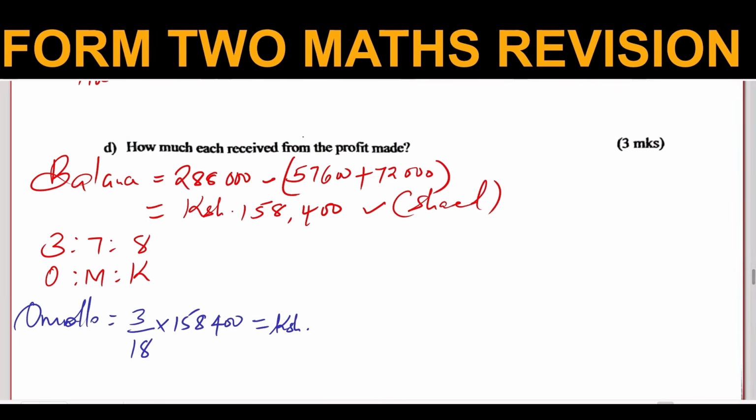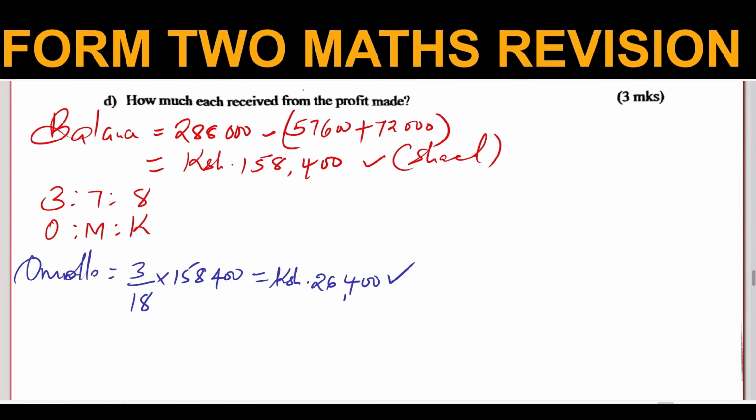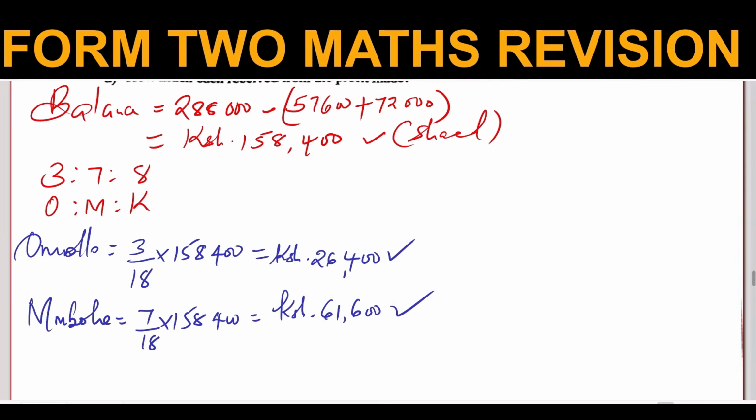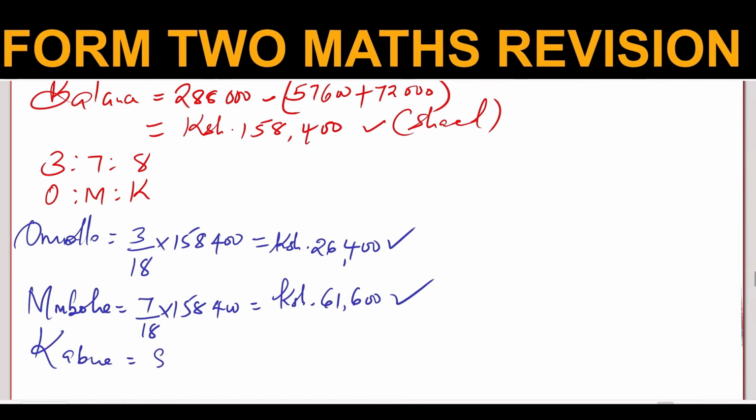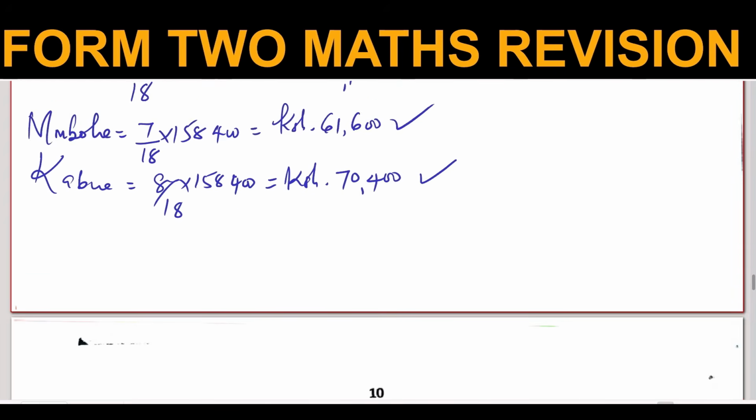So Omolo will get 26,400. Then Mbohe will be 7/18 multiplied by 158,400, and this will give 61,600. And then the last one, Kabue, was 8 divided by 18 times 158,400, and this will give 70,400. So that is how you're supposed to work out that question.